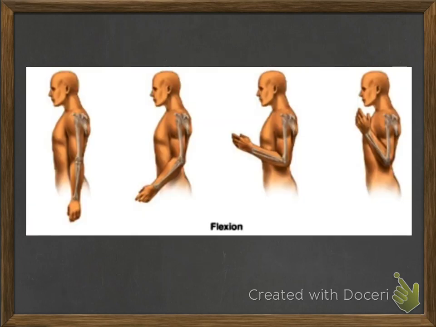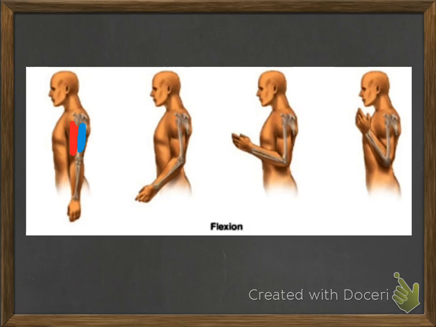So here we're looking at our elbow again. If we look at elbow flexion, the 2 muscles that work together, one on the front here, hopefully you're able to name it, it's the bicep, and the one on the back here is the tricep. Hopefully you got those 2 names right.